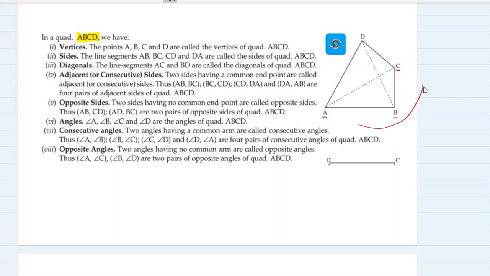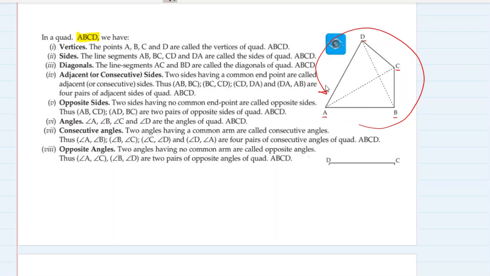But you always name it in one order. You don't name it as A, C, B, D. No, that's not allowed. Or A, B, D, C. No, that's also not allowed. So if you are writing A, then you write B, then you should write C and then D. So A, B, C, D in an order. That's how it should be named.